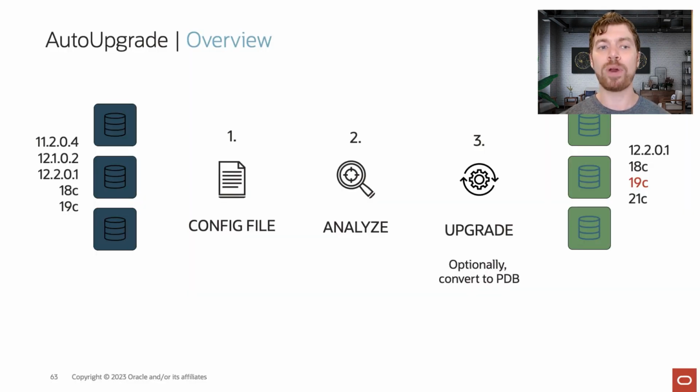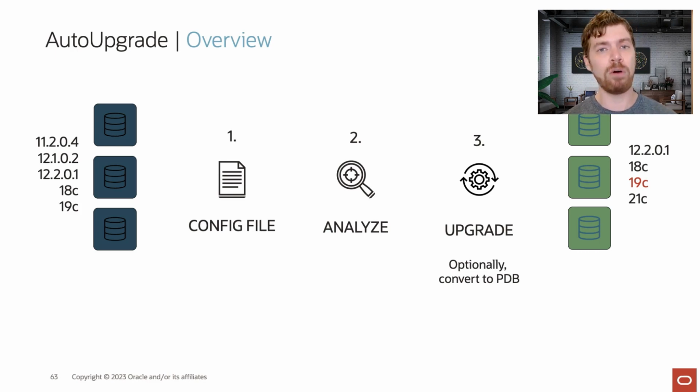Now let's take a quick look at the AutoUpgrade overview. In AutoUpgrade, first we create a config file where we can specify the source home, the target home, the Oracle SID, and also other properties if you want to change the AutoUpgrade behavior. Then we run the analyze mode where some prechecks are going to be executed to see if our source system is ready to be upgraded or to be patched, as we are going to see in a few slides.